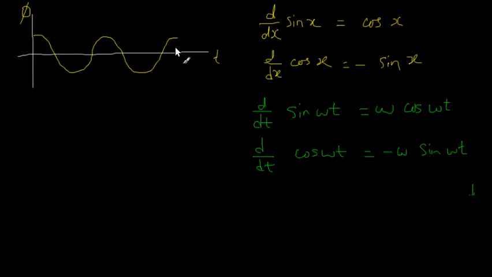Remember that whether it's sine or cosine, it's physically the same. It's just a matter of where we start timing the flux. And this was given by the magnetic field flux density times the area of the coil times cosine of the angle between the magnetic field and the normal to the area. So that's cosine omega t.